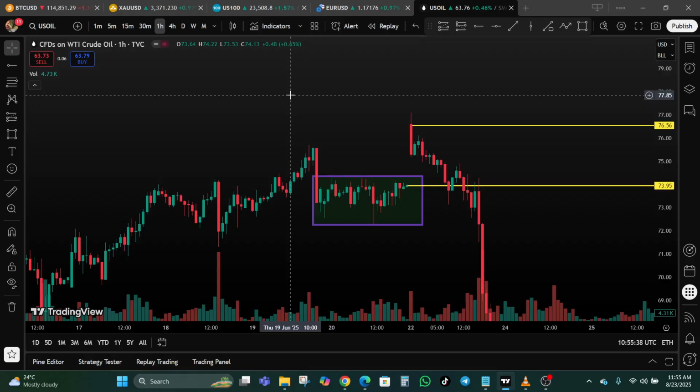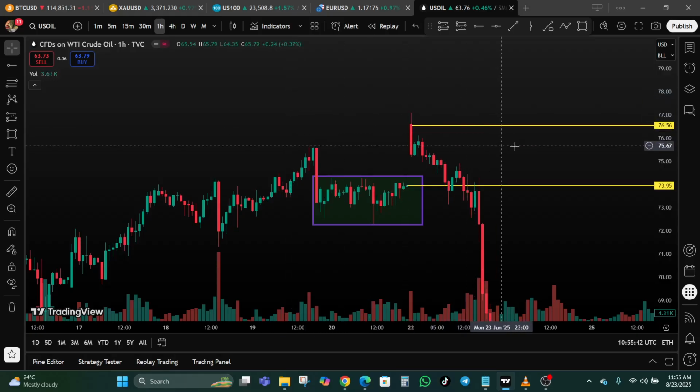So you have to wait for confirmation before entering. Third, you have to maintain discipline. Just because a gap forms does not mean that you jump in blindly. All right. So you should always confirm with structure and momentum.